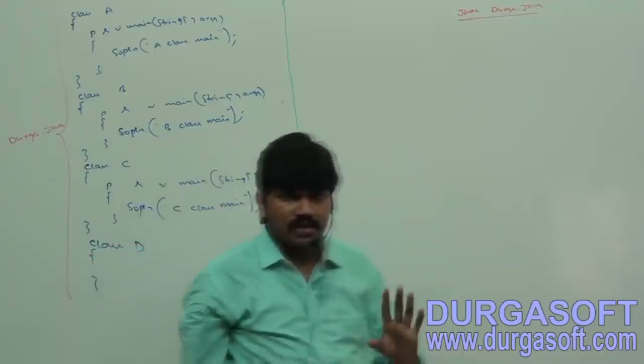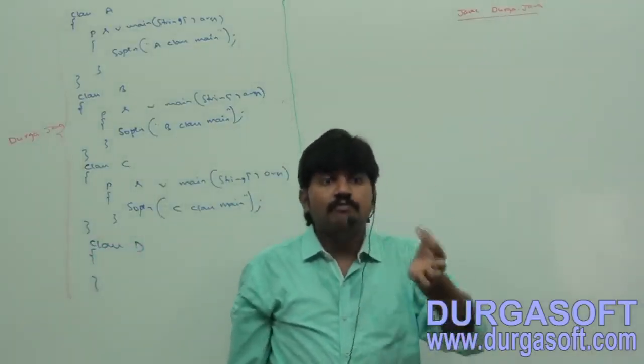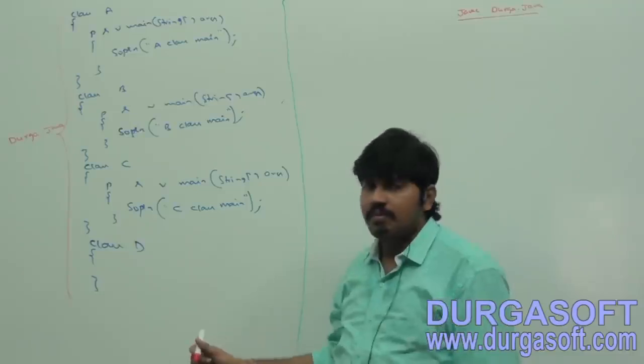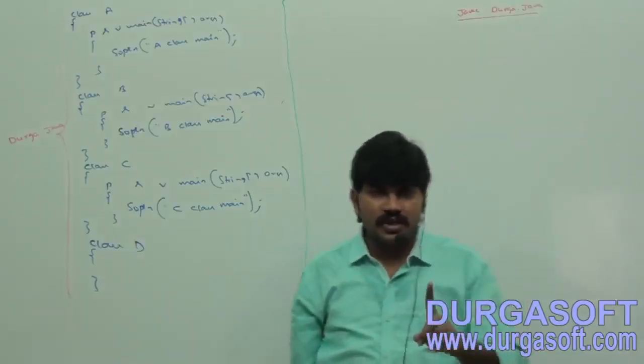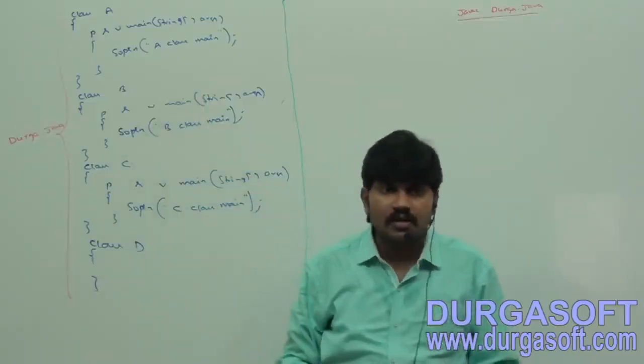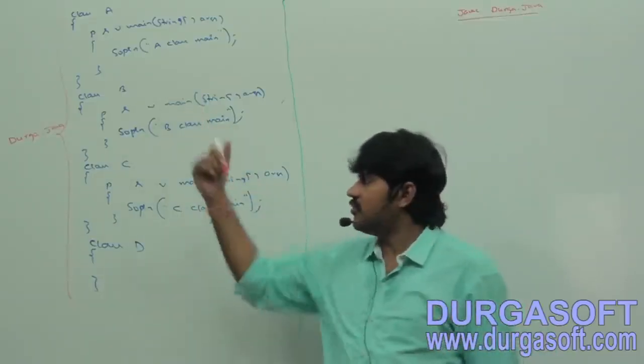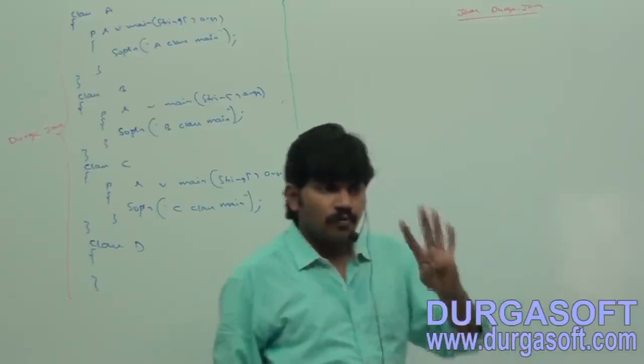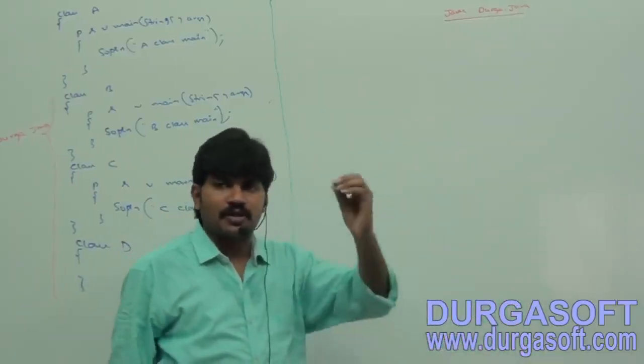Whenever we are trying to compile a Java program, for every class present in that program, a separate .class file will be generated. Can you tell how many classes are there? 4 classes, so 4 .class files are going to be generated.